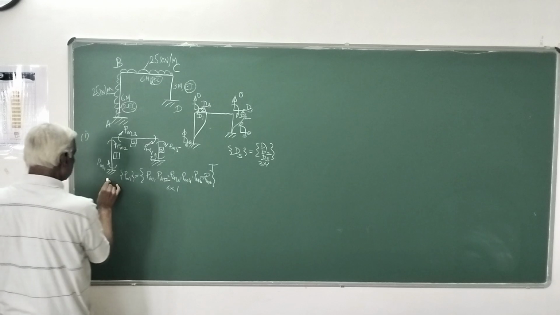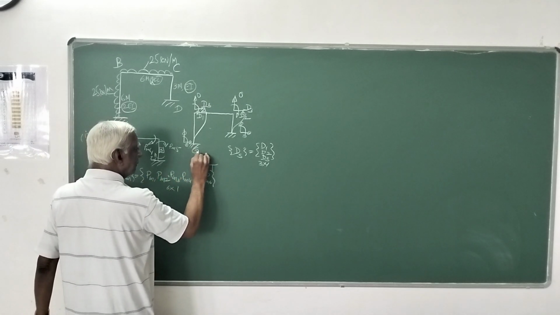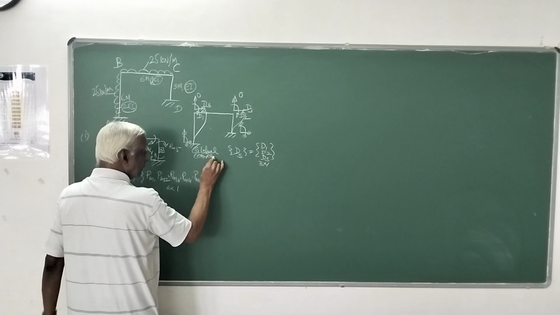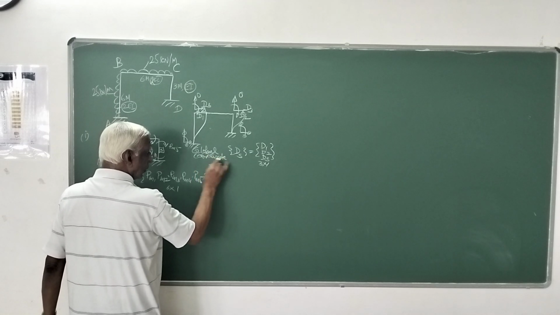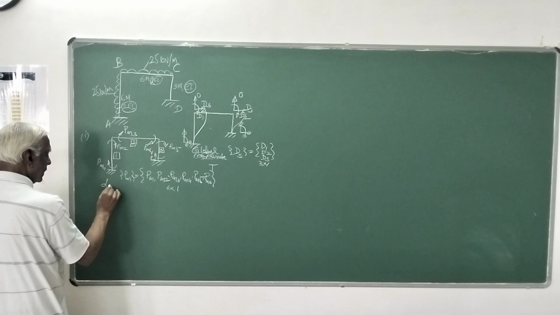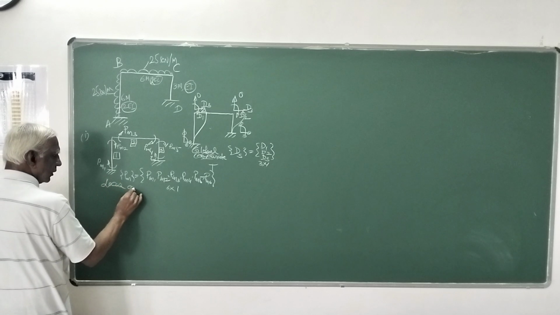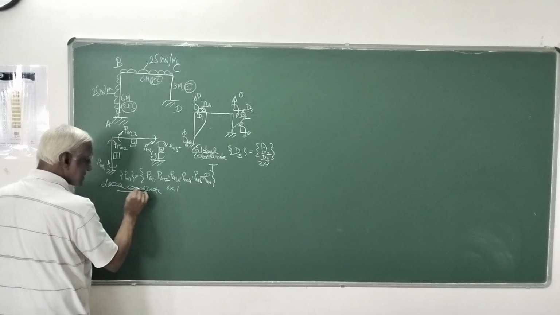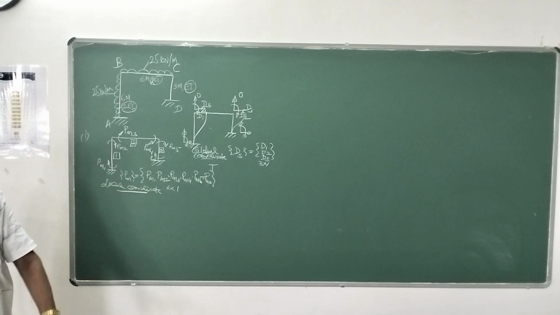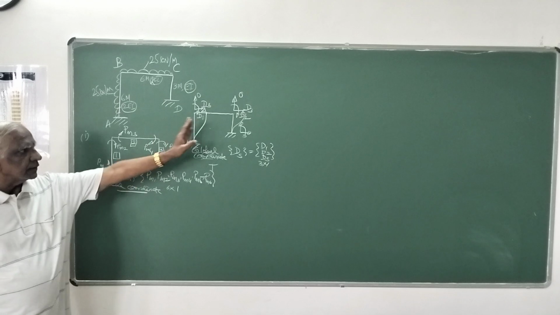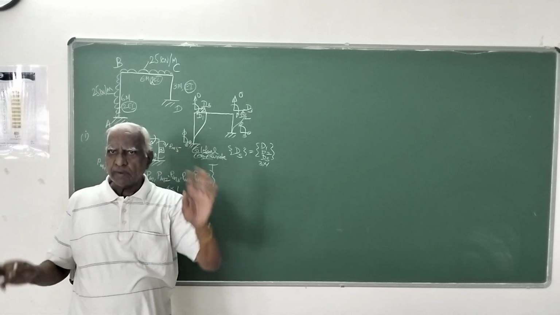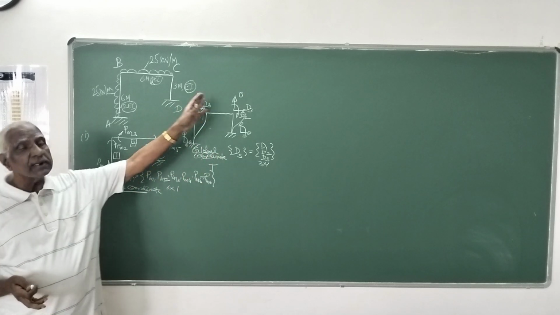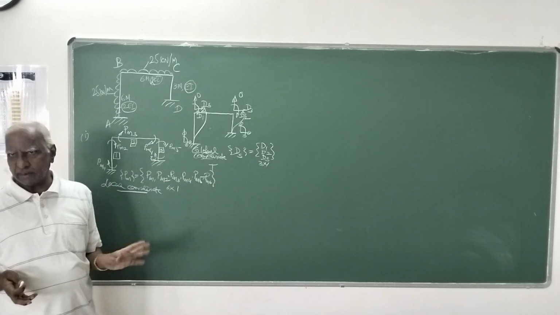This is called global coordinate. This is local coordinates. So in the local coordinate system, we have to determine member end forces. In global coordinate system, we have to indicate whatever displacements we have to determine.